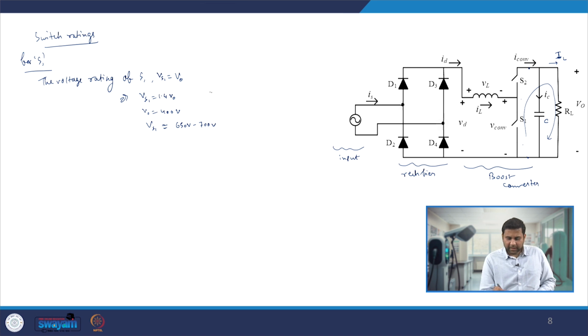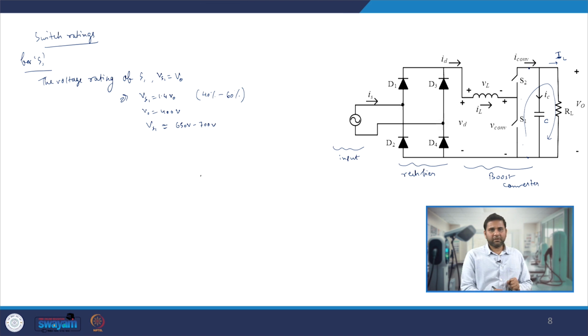Generally people keep the safety margin between 40% to 60%, so that one can choose a device between 650 volt to 700 volt.